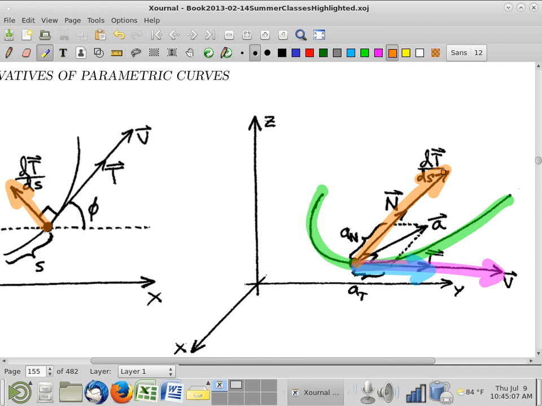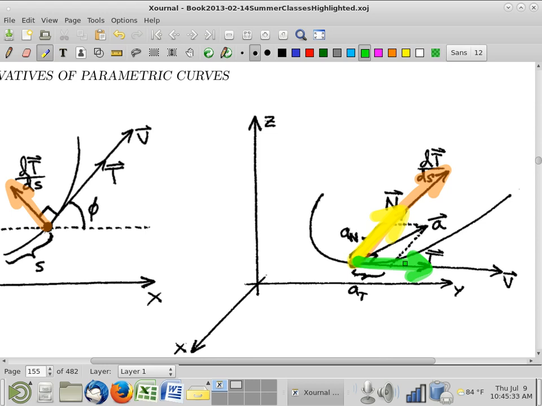The way you're going to compute it involves a few other objects that come up. In particular, there is a vector called the principal unit normal vector that points in the direction of dT/ds. It's always perpendicular, as it turns out, to the unit tangent vector.